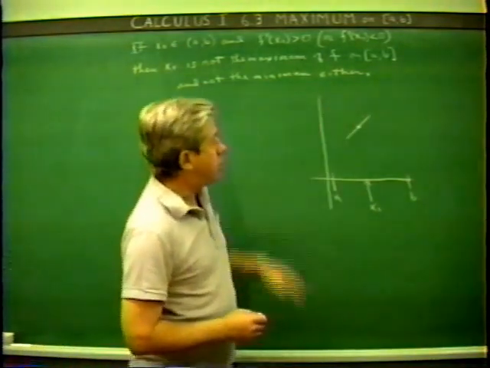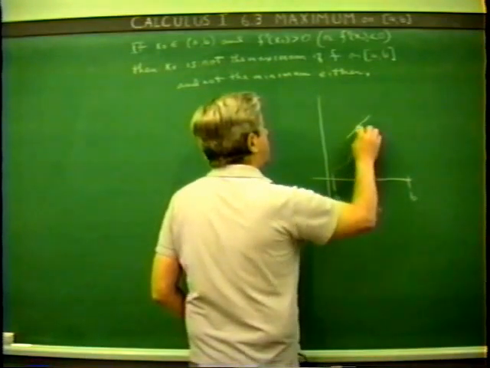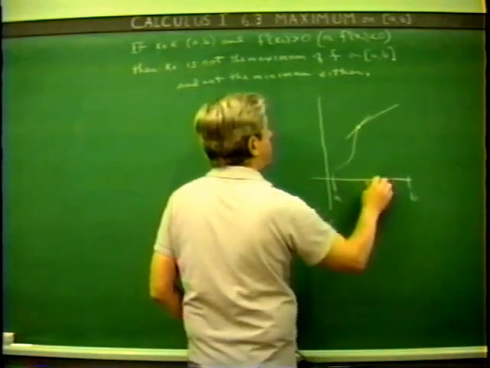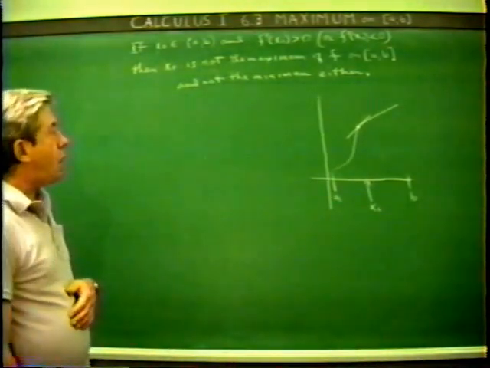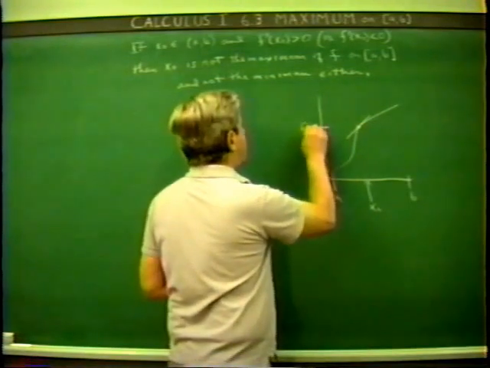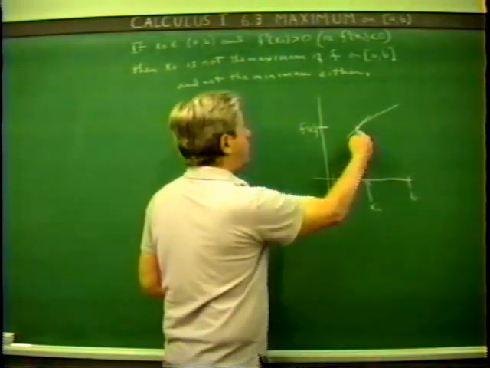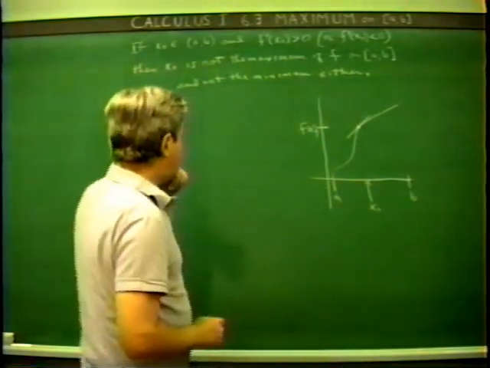So this would be the slope of the tangent line, if you want, to the graph. What we really want to show is roughly that to the right of this point, the function is larger than it is at x naught. So here's f of x naught. And to the left, it's less. And so this can neither be a maximum nor a minimum.